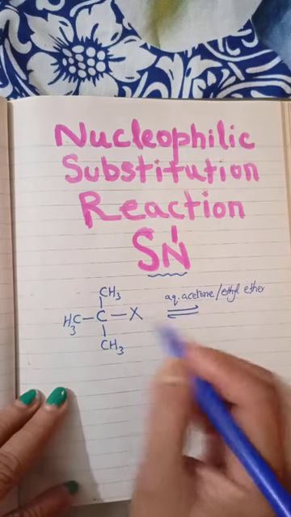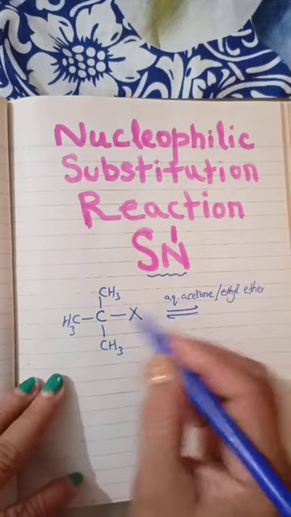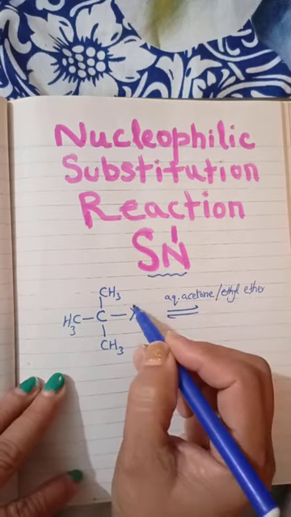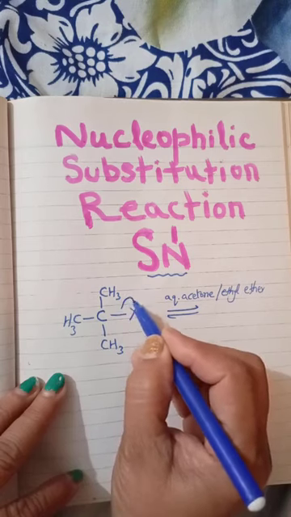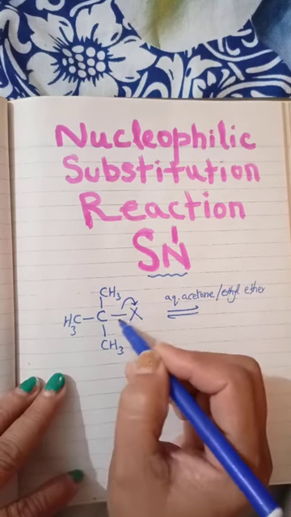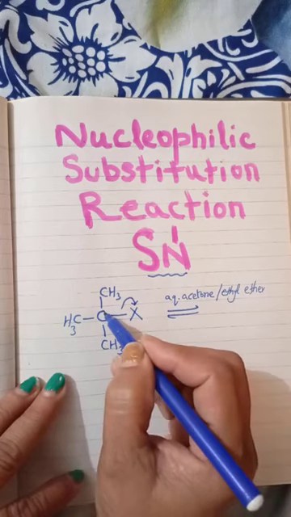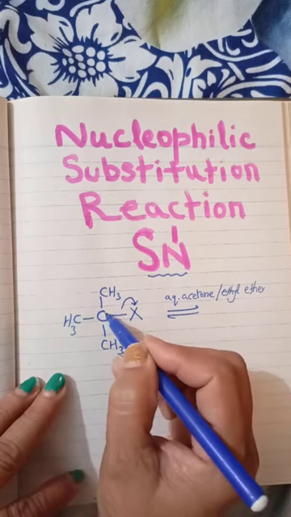What happens? First of all, a carbocation is formed. This halogen is electronegative by nature. It pulls electrons towards itself, and this carbon becomes electron deficient.